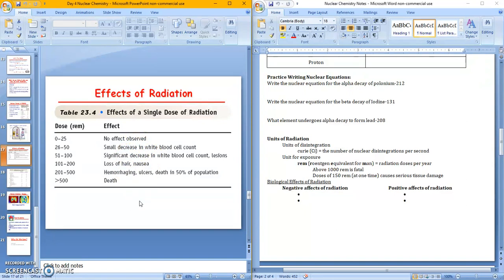Cancer treatment is when they irradiate your skin or, well, your cells, and what they're trying to do is kill the bad cells, the cancer cells, and hopefully your healthy cells are strong enough to be weakened, but then come back after the cancer is dead. So, negative effects of radiation, death, cancer, those types of things. But we also use radiation to help cure cancer.